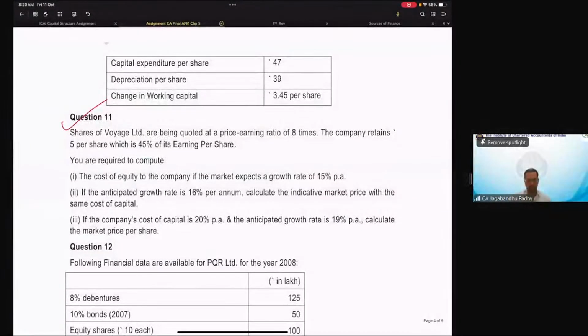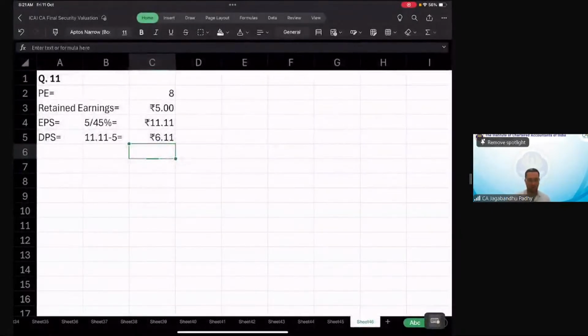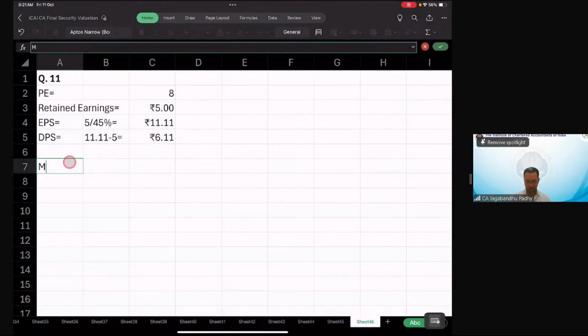So P/E ratio is 8. Now the cost of equity of the company, if the market price is expected to grow at 15%. So now what will be the cost of equity? For that, we know the EPS number and we know the P/E ratio. So what will be the market price of the share?